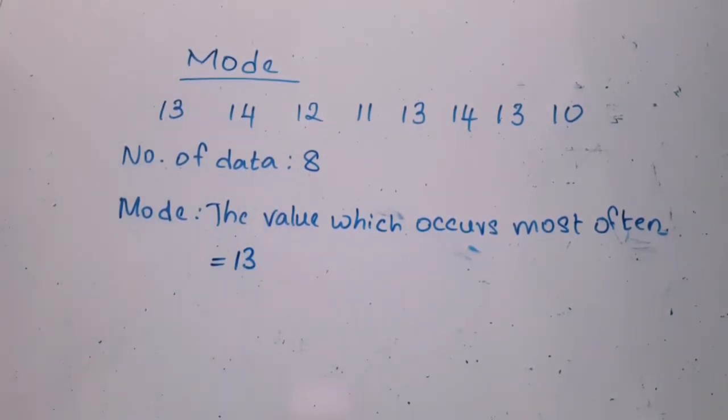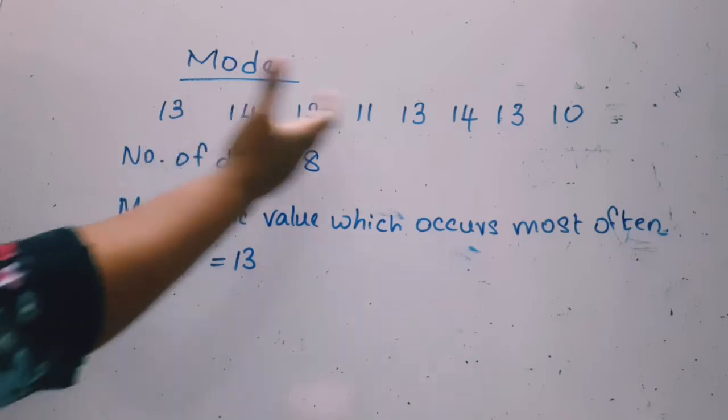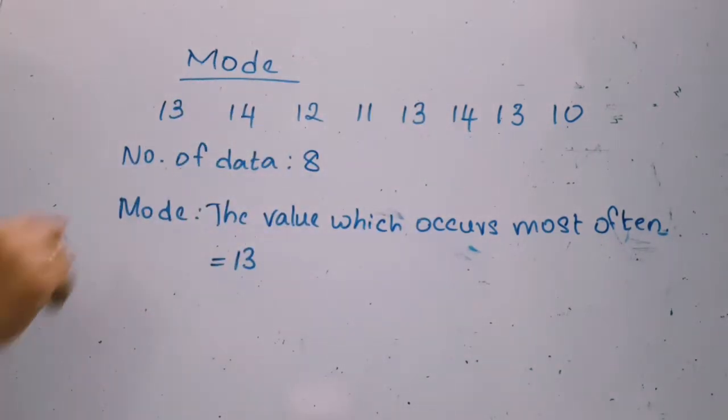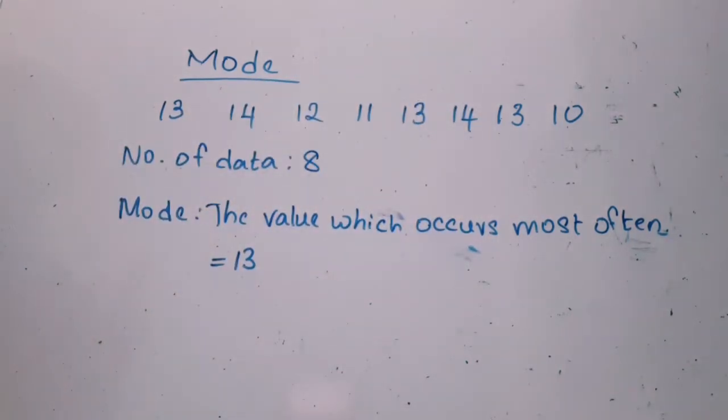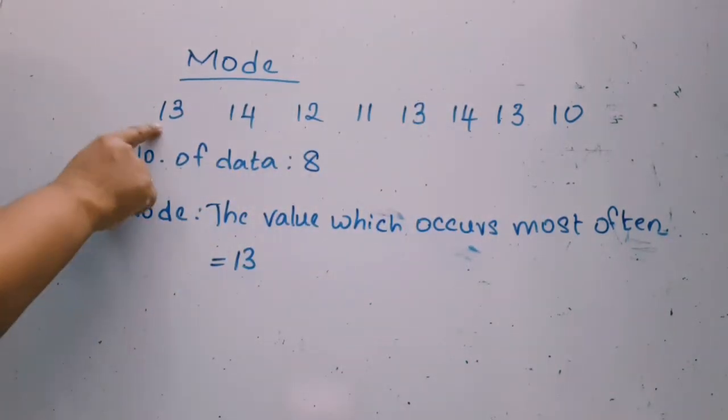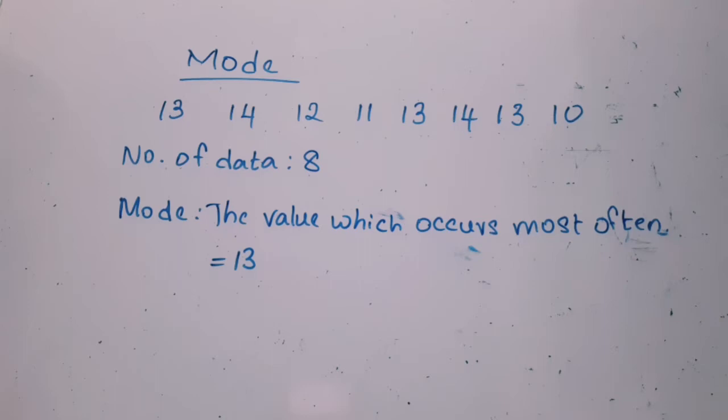Don't get confused with the highest value, children, because most people get confused that the mode is the highest value of the data. No, it is not. It is the value which occurs again and again, the most number of times. As you can see here, 14 has occurred twice, but 13 has repeated 3 times. So that's why the mode of this collection of data is going to be 13.